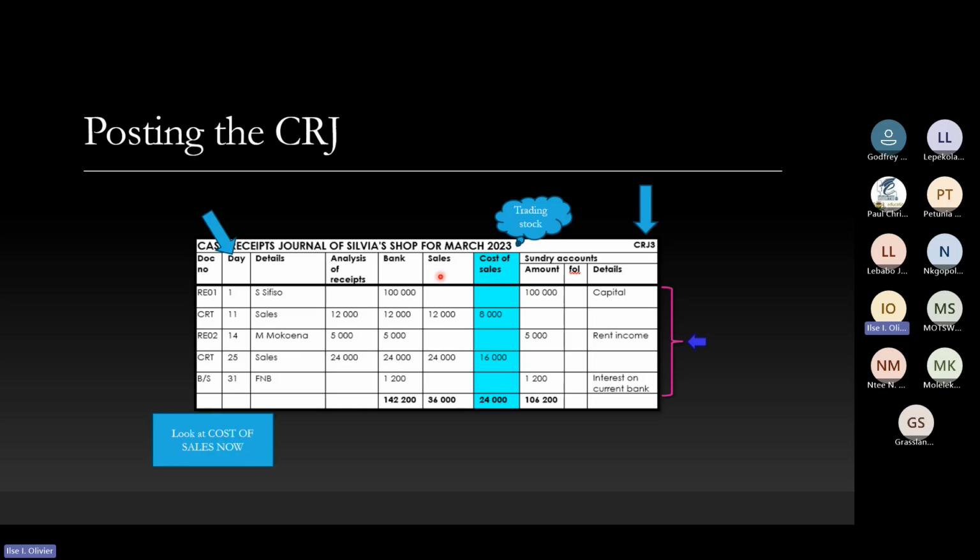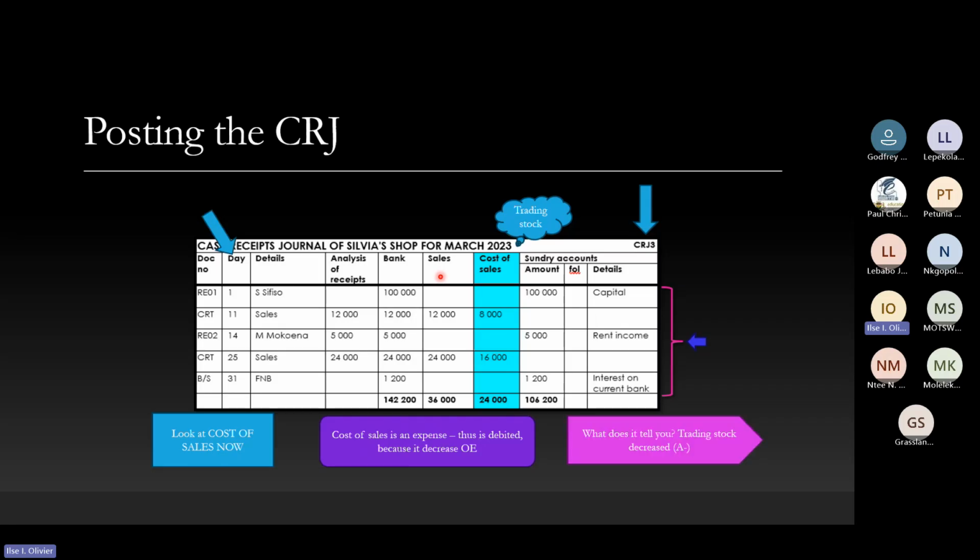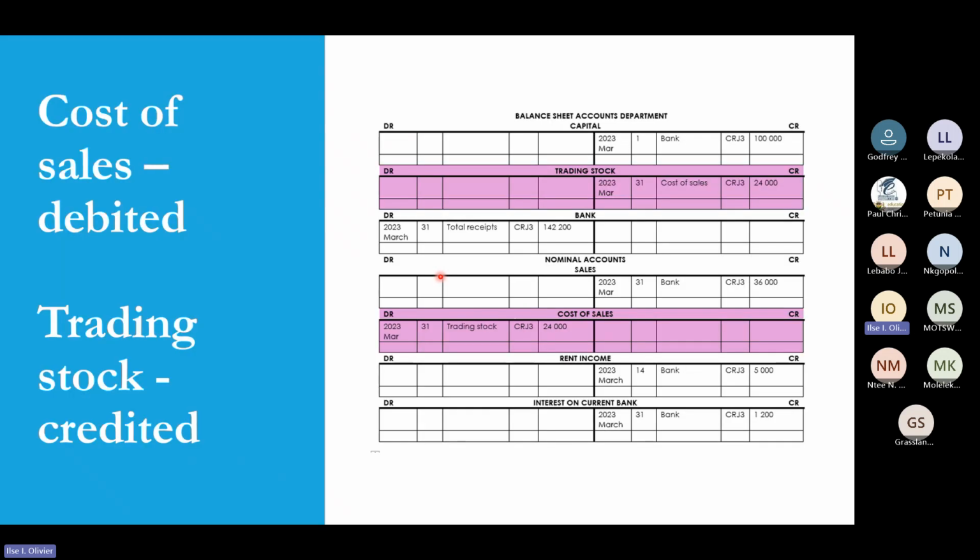Okay, so let's look at cost of sales now. Cost of sales is an expense because it decreases our profit. So that is debited because it decreases our owner's equity. What does it tell us? It tells us that trading stock decreased because we sold it, and it is an asset that decreases. So we start with trading stock, March the 31st.